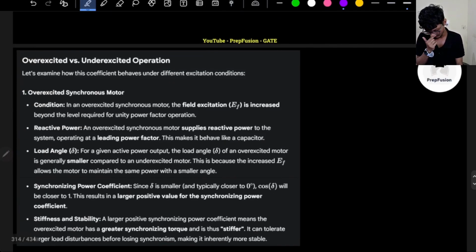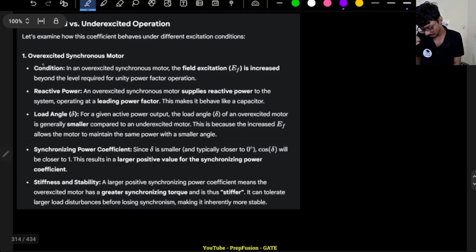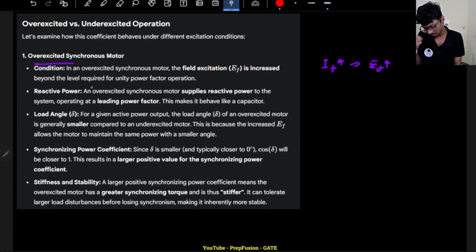Now let's discuss what will happen at different excitation. If I overexcite the machine, if I underexcite the machine, what will happen? If I overexcite the machine, that means my IF is increasing. If IF is increasing, that means my EF is increasing.